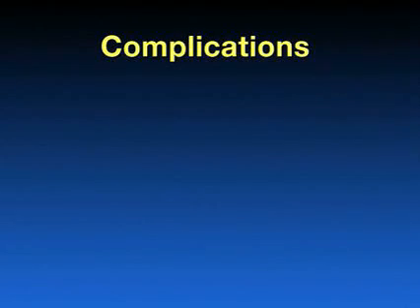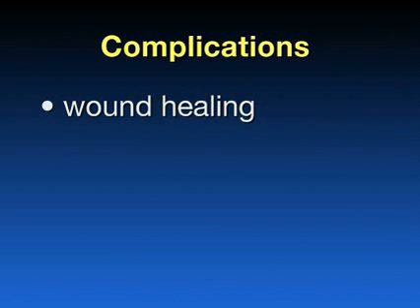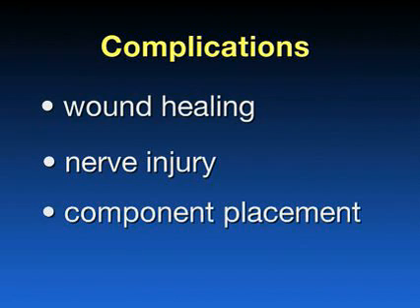At this point in time, the most common complications from total ankle replacement are wound healing problems, as well as nerve injury and component malposition. Total ankles are gaining in popularity, and patients are very excited about the results that they are gaining from these, with pain-free activity and the ability to retain motion about their ankle.